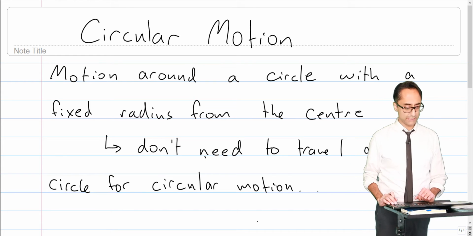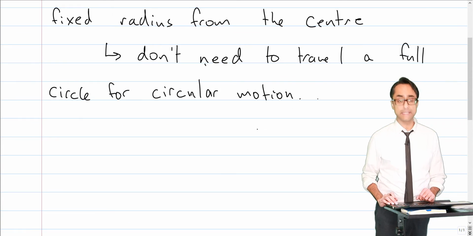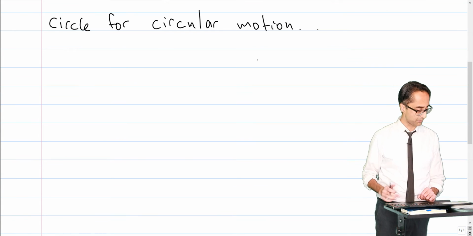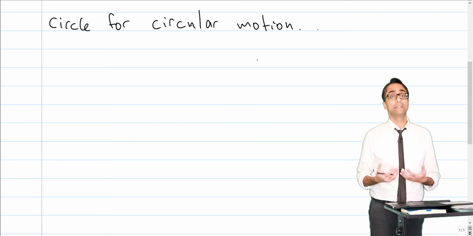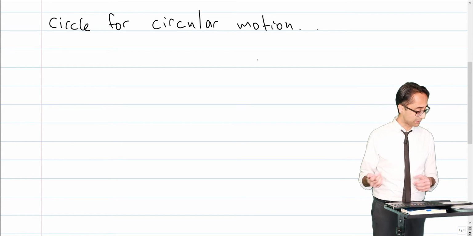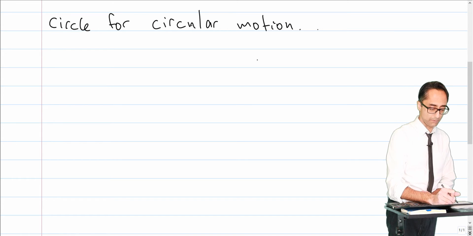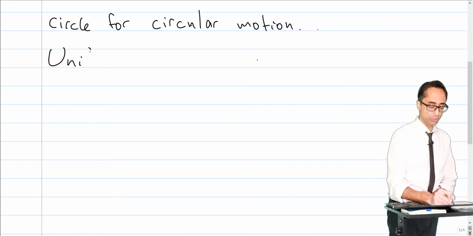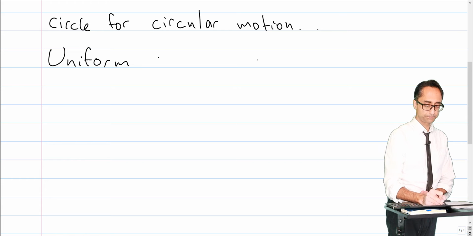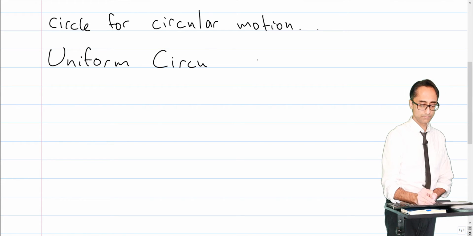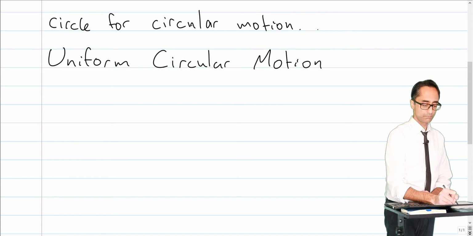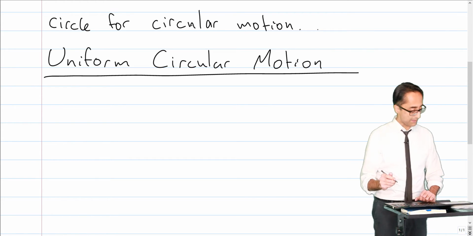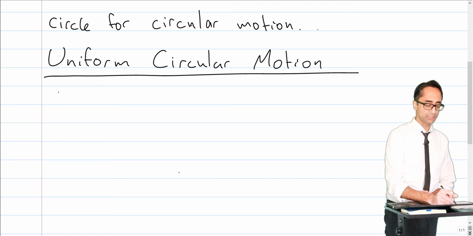All right, so let's get started with the easiest type of circular motion to begin with. And that would, of course, be a circular motion where there is a constant speed, where our object is not speeding up or slowing down around the circle. We're going to define uniform circular motion as circular motion with constant speed.